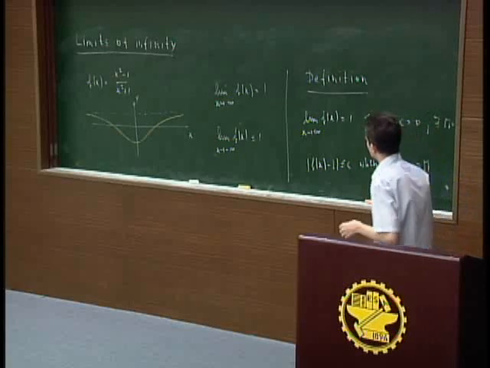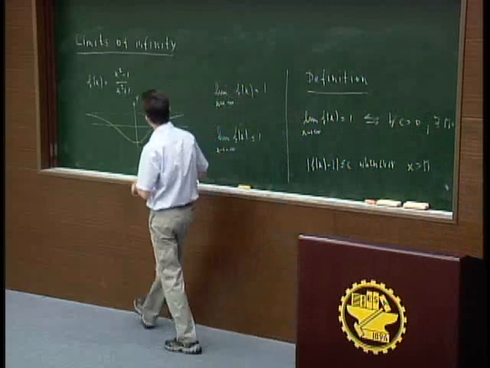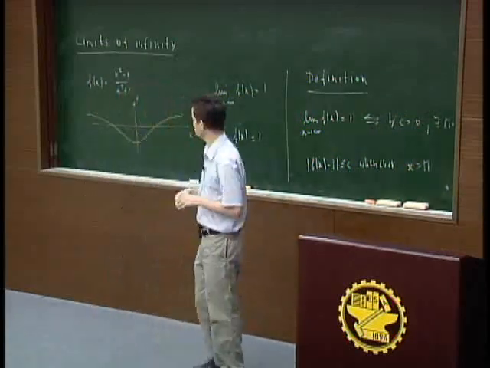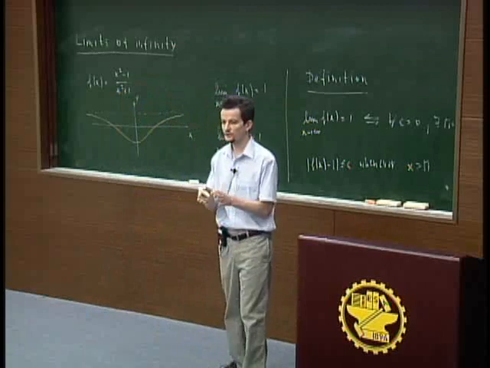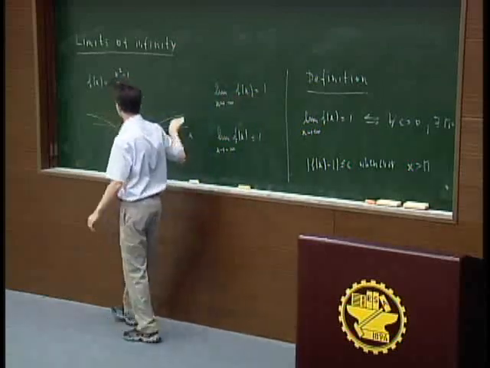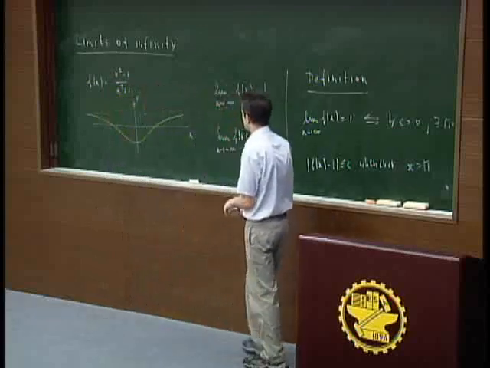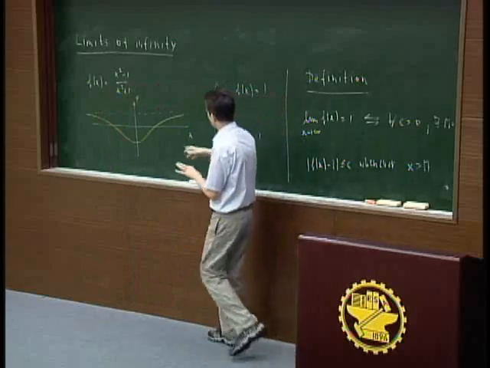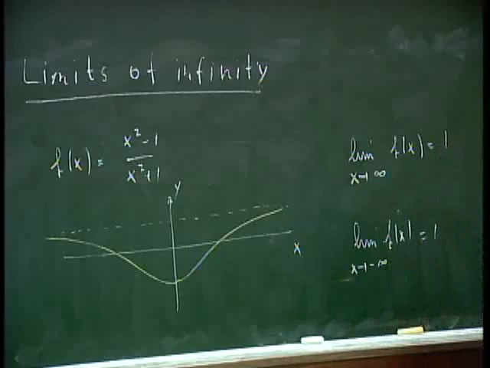Maybe you know already from high school that such a line is called a horizontal asymptote of a function. We already saw vertical asymptotes, so now we have horizontal asymptotes. Just keep in mind that the function can also cross a horizontal asymptote.